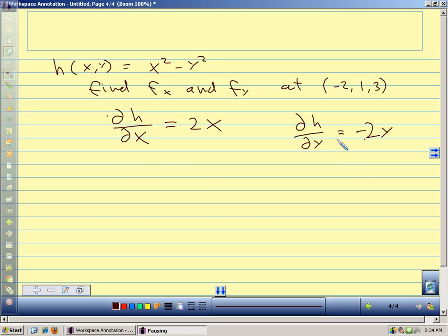And then to find at our point (-2, 1, 3), f sub x is going to be, plug in negative 2 there, and we get negative 4. And f sub y, plug in 1 here for y, and we get negative 2. Is that all? Yep, that's all that's involved in that one.